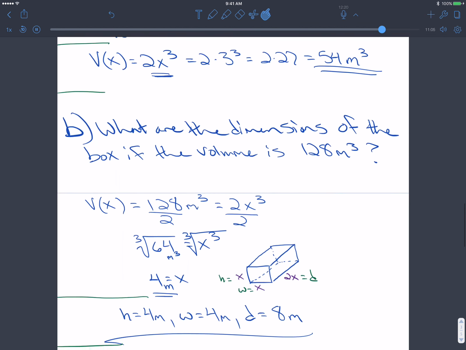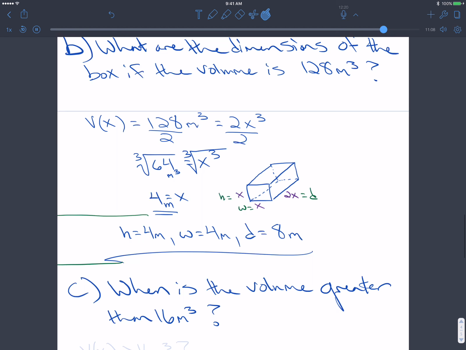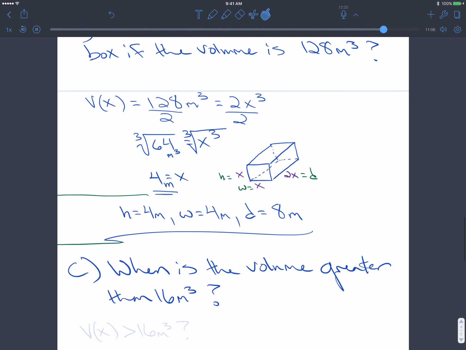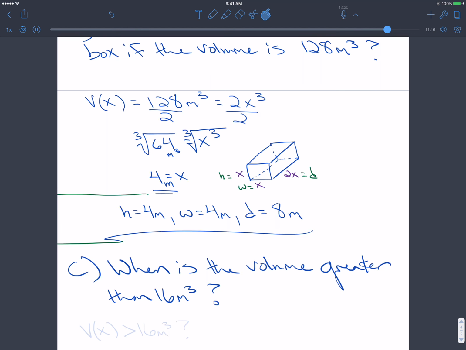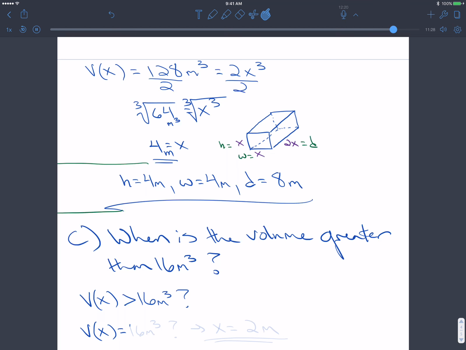Last question: when is the volume going to be greater than 16 meters cubed? First, to figure out when it's greater than 16 meters cubed, you have to determine when it's equal to 16 meters cubed. So the question is asking, when is V of x greater than 16 meters cubed? To define that, we need to find when V of x is equal to 16 meters cubed.